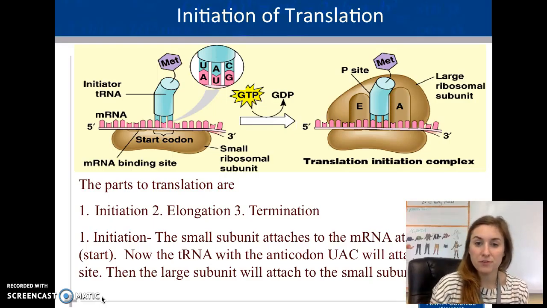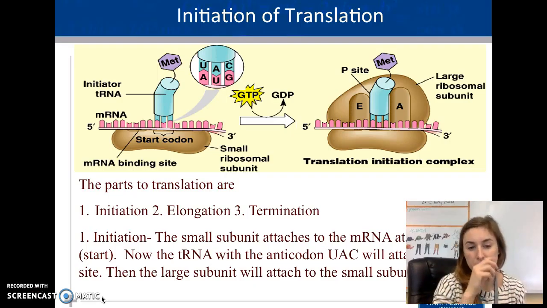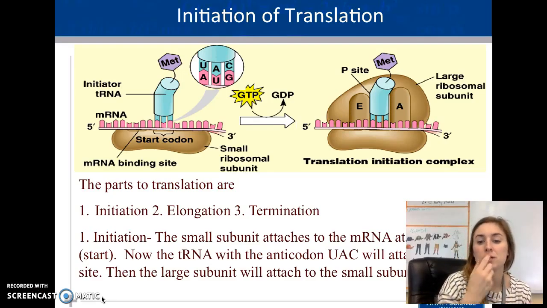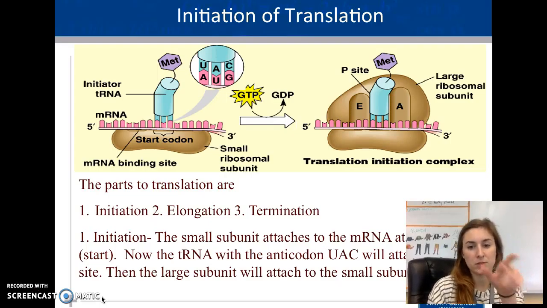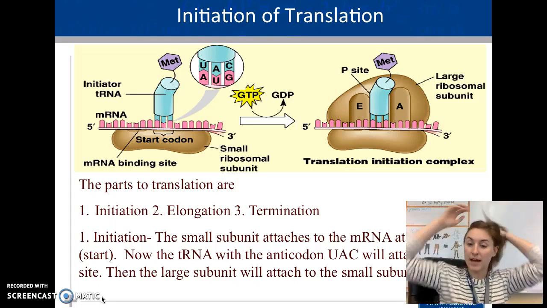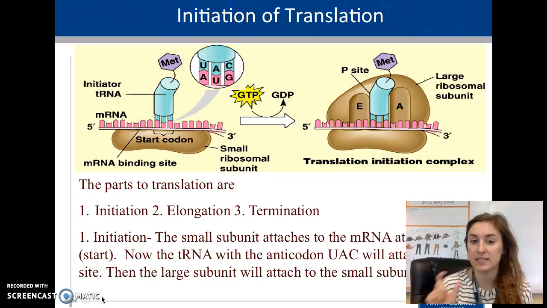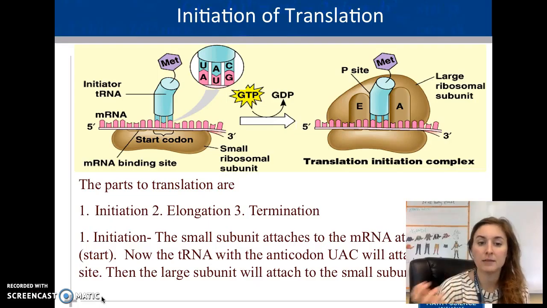So from start to finish, there are technically 3 parts of translation: initiation, elongation, and termination. Initiation is the small subunit attaches to the mRNA at the AUG, or the start codon. So it searches for that 3-letter sequence, and when it finds it, it attaches to that.